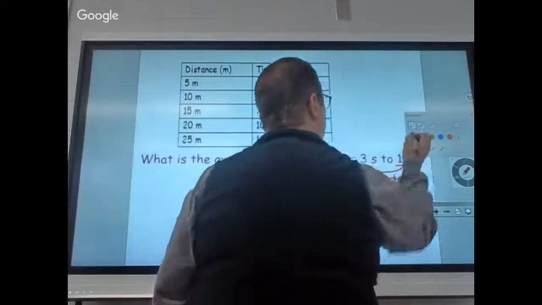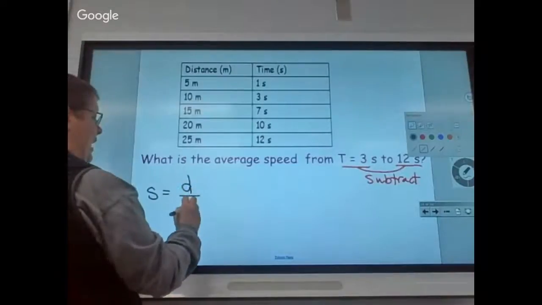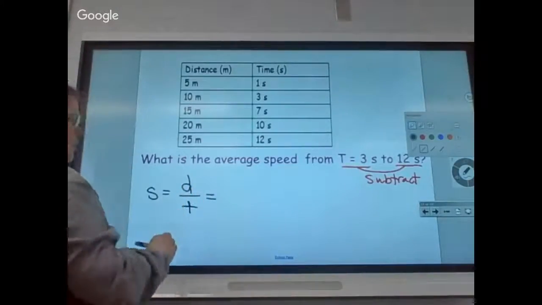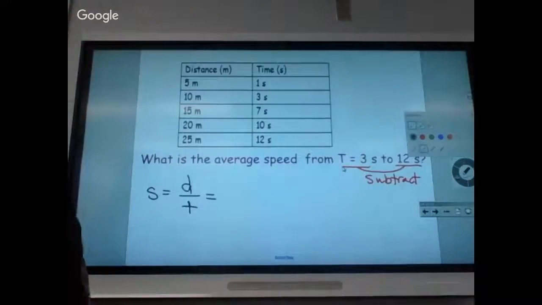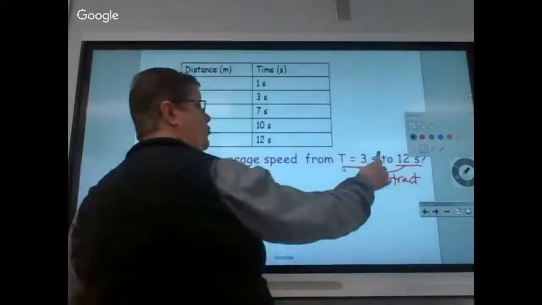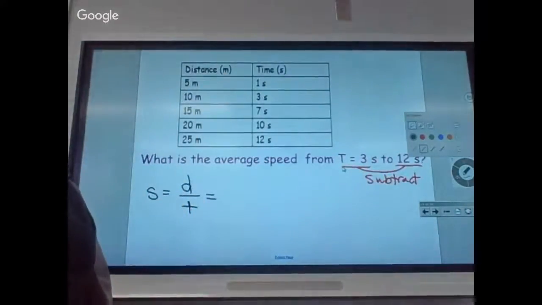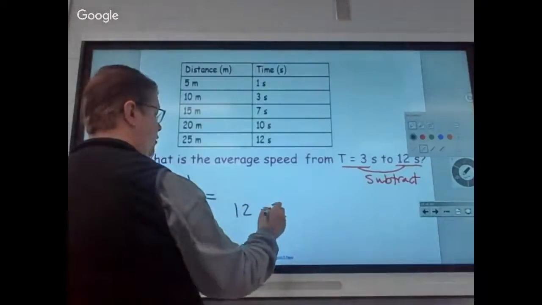Now, your formula is speed equals distance over time. You only have how many t's? You have 1 time. So when you have 2, you have to subtract the times so that you can put them in for time. Okay? So you're going to say 12 subtract 3.